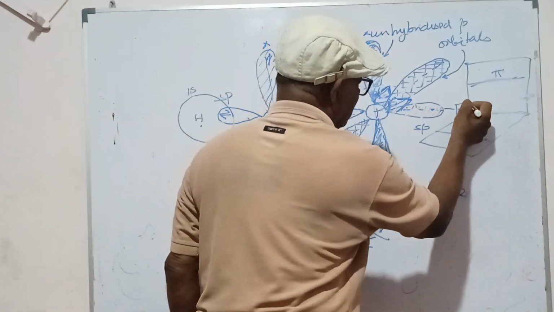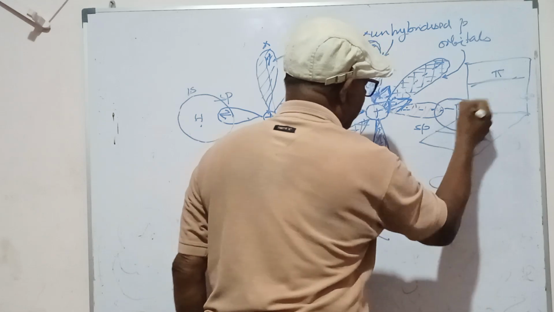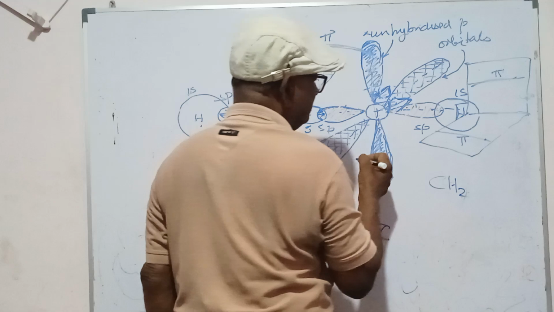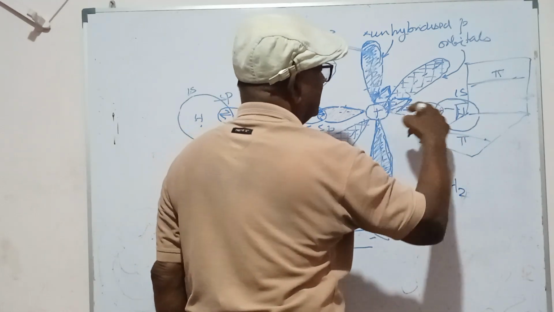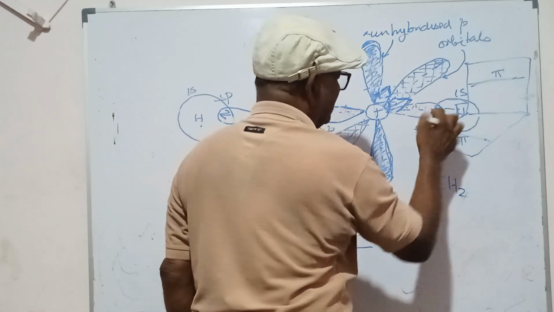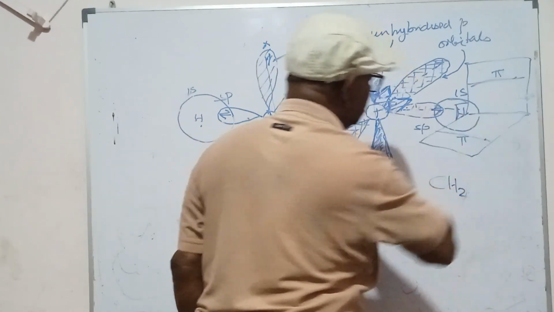Here also, H atom, one s orbital, linear overlapping, forming a bond.